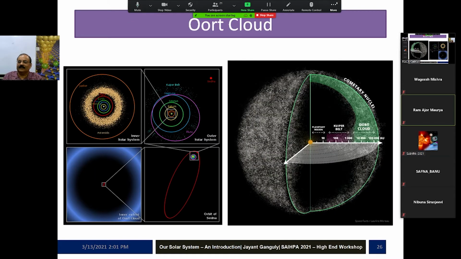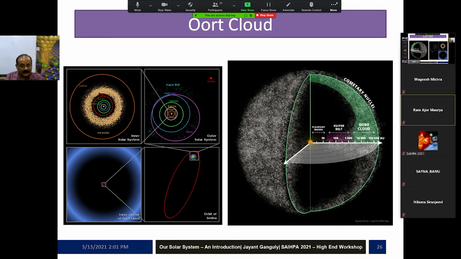Now, many of these comets come from the Kuiper belt region, which is also called the Hills region. Jan Oort theorized how long period comets come from very far away.